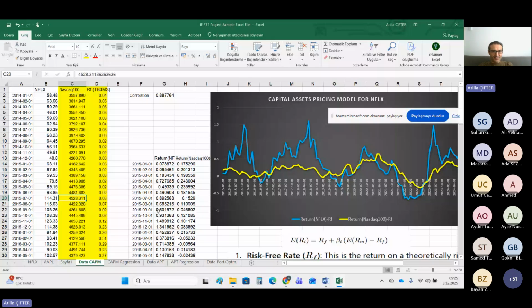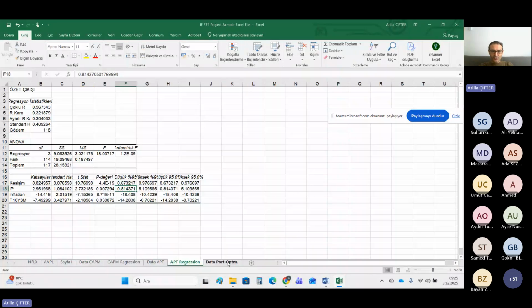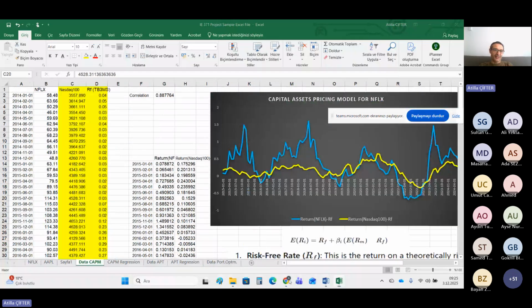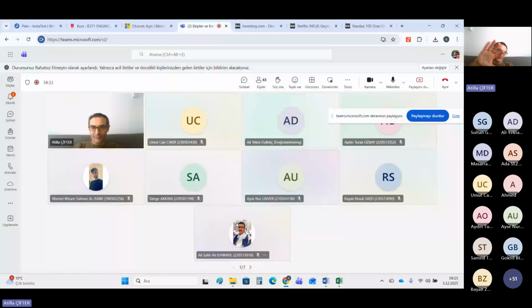For capital assets pricing model, you take the first firm. For arbitrage pricing model, you also again take the first firm. Both firms are used for portfolio optimization in the last step. So you will take the first firm and estimate the regression analysis for only the first firm, not both of them, right?